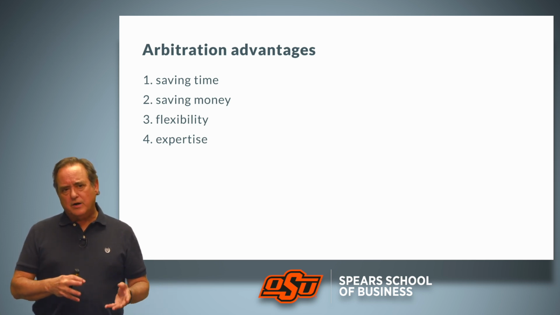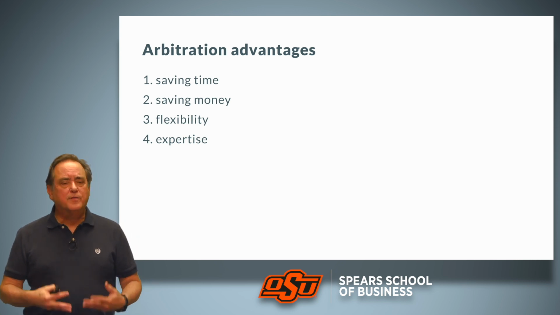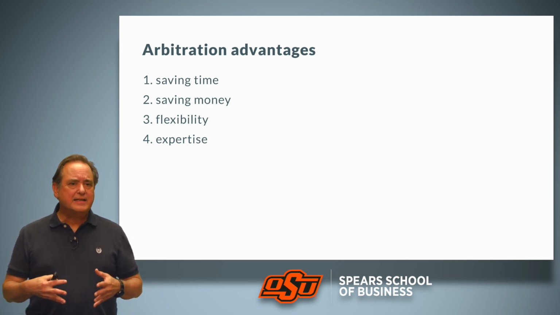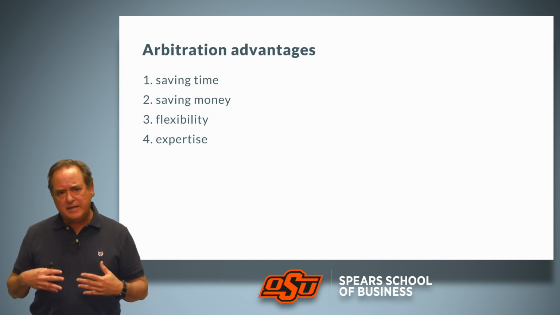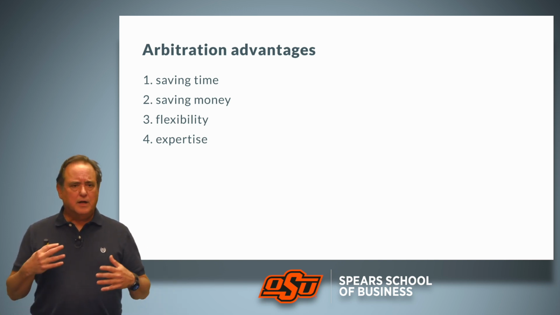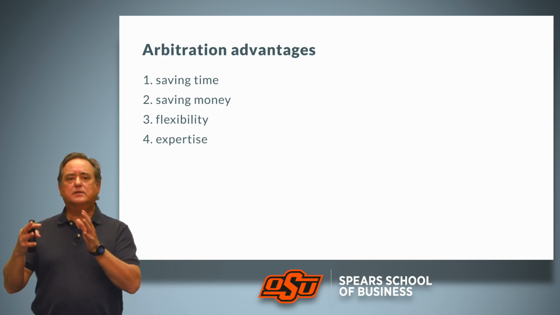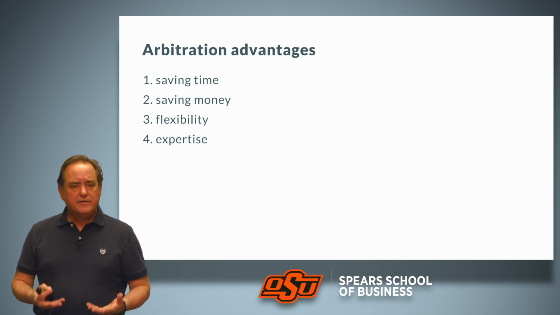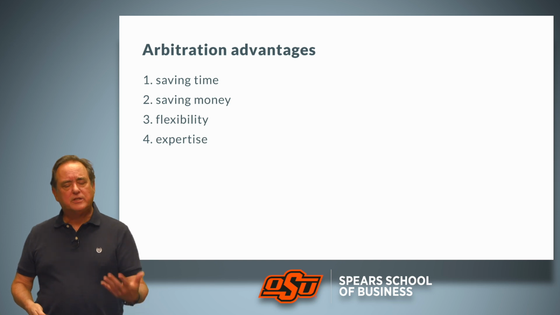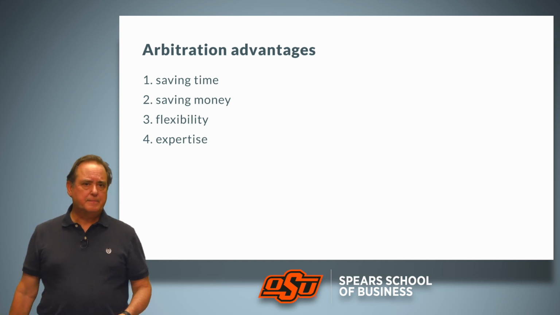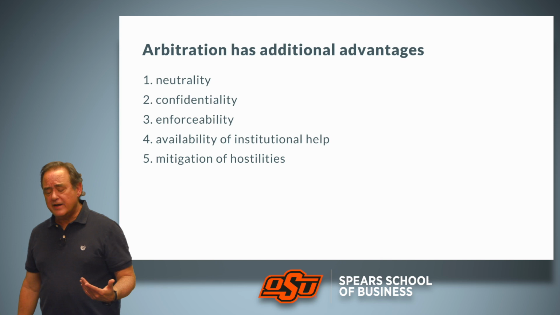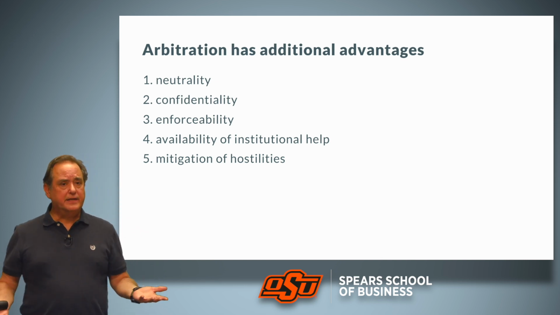With an arbitrator, we can select people who are familiar with this exact type of dispute. And so if we have a dispute over whether goods conform to those named in the contract, to the terms of the contract, we can find an arbitrator who is a specialist in that area. It has other advantages. Again, neutrality.